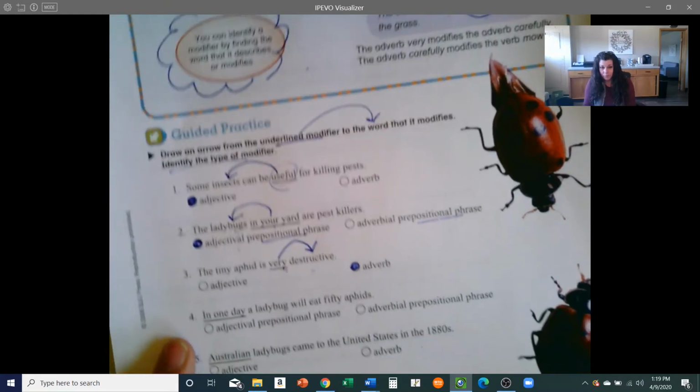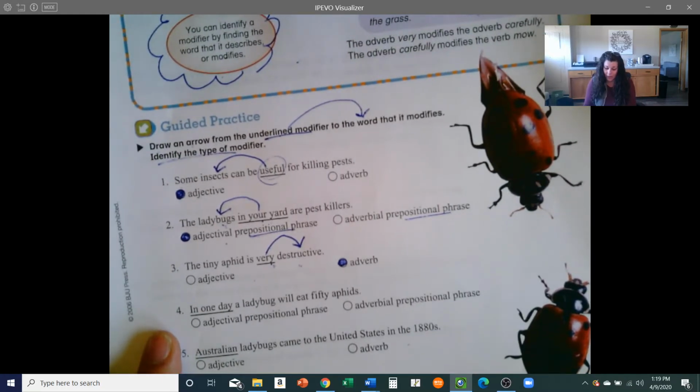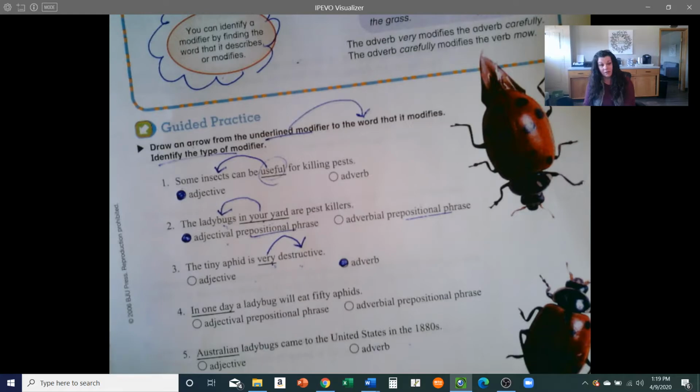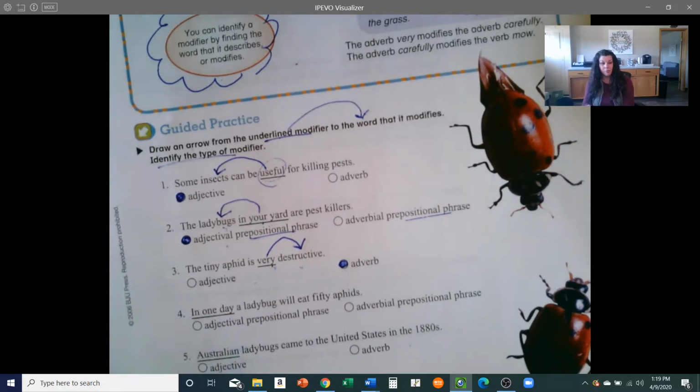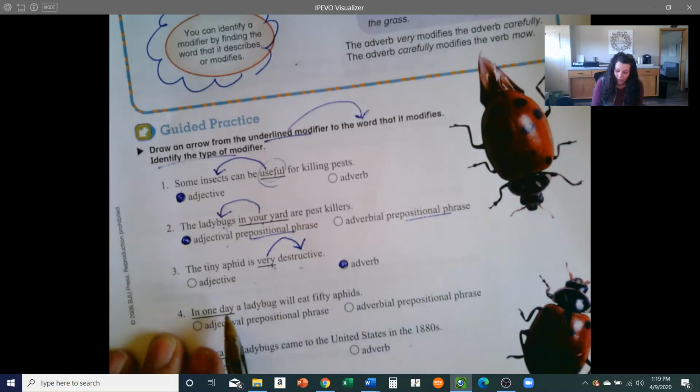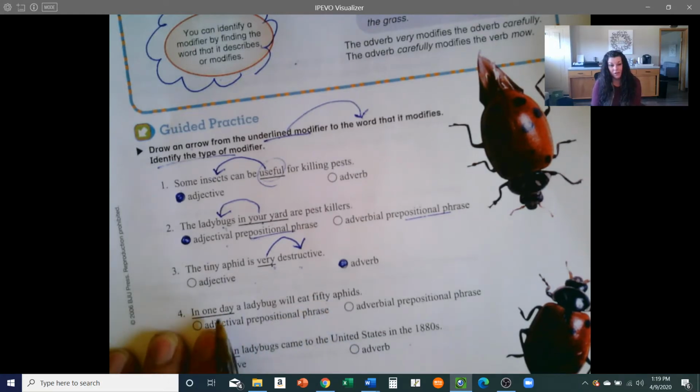Okay, number 4. This is the type of one where I wouldn't be picky, because I think somebody could argue pretty easily that this "in one day" could be talking about a couple things. In one day, a ladybug will eat 50 aphids. I think it's perfectly acceptable to think, well, it's by ladybug, and it's talking about an amount of time the ladybug has, or something like that.